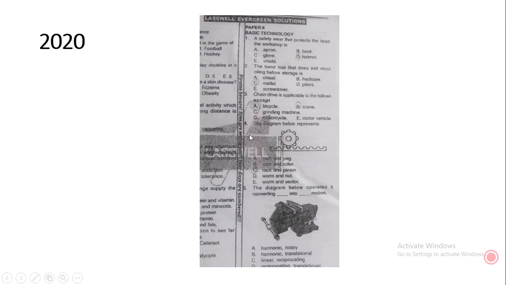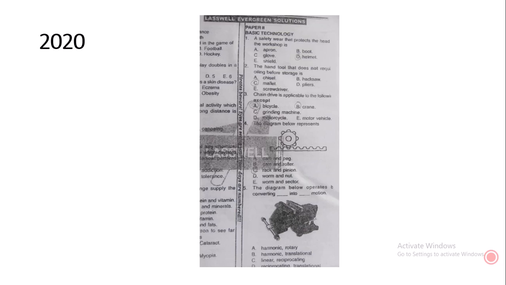Then we have here a diagram. The diagram below is a rack and pinion gear, and it has its own advantages.